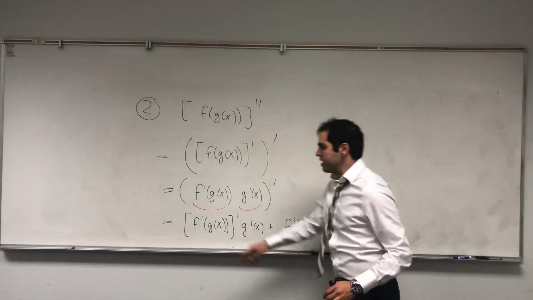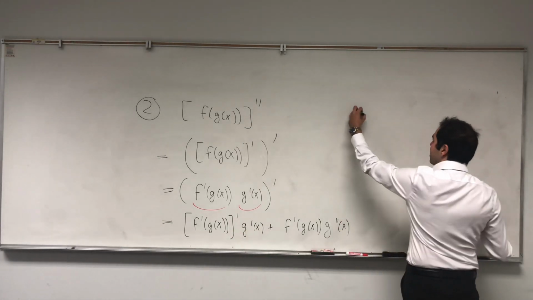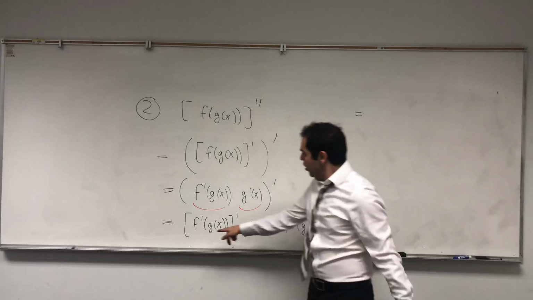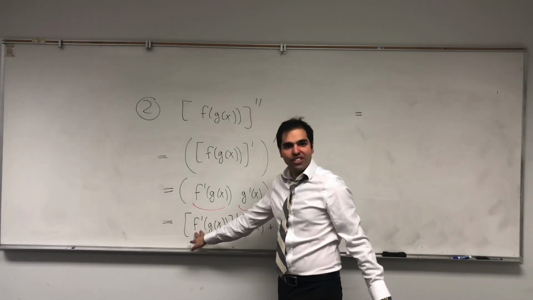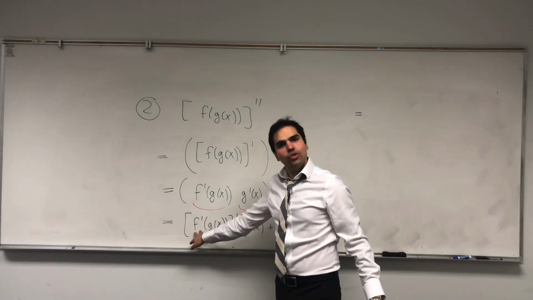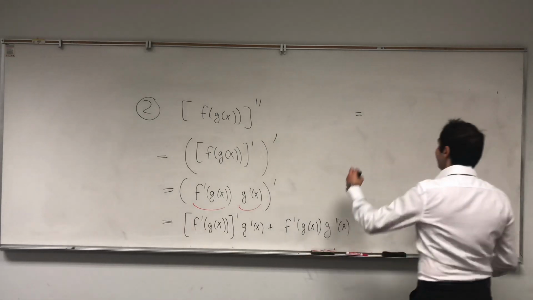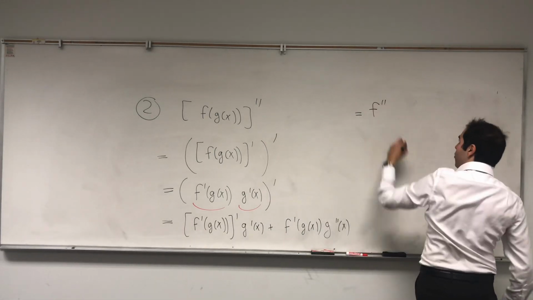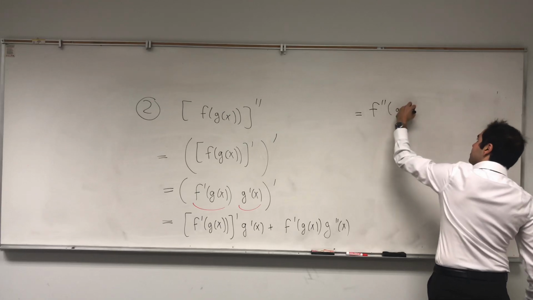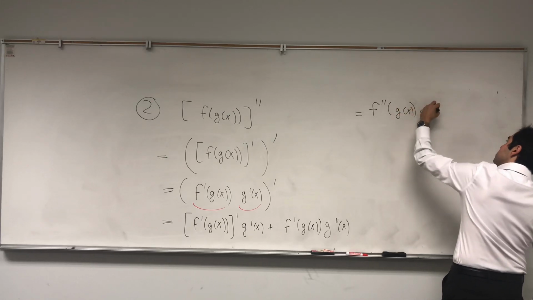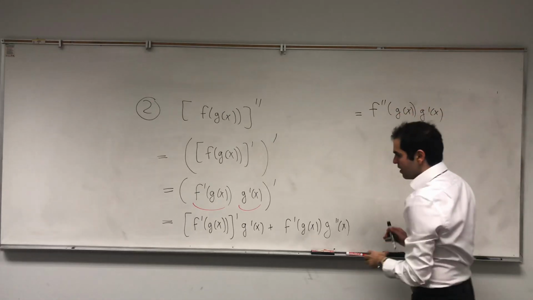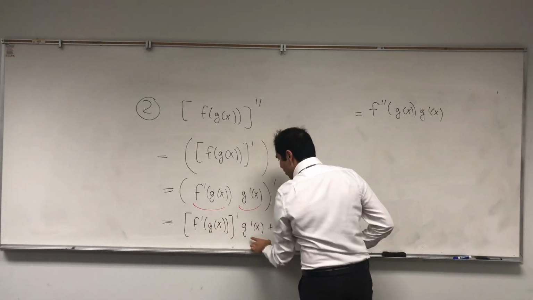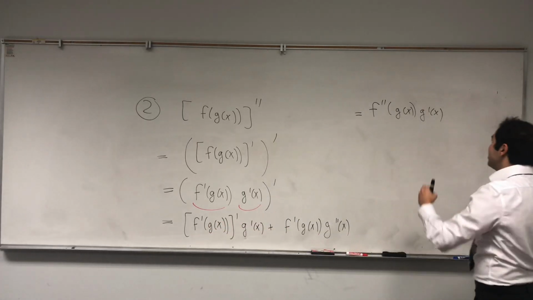And for this, let's use the chain rule again. Notice now the outside function is f prime, so you differentiate that again to get f double prime of g of x times g prime of x. So that is this part, but remember you're multiplying it by g prime of x.